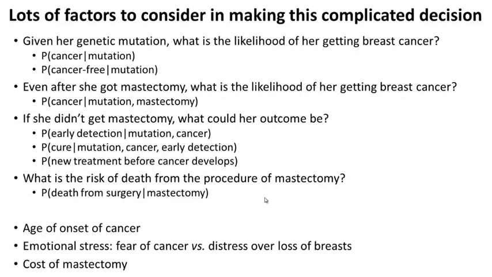Last year, when in my class at Peking University, a young woman said that having her breasts removed would make her feel no longer a woman and that she would rather die. So you see, different people may have very different opinions and preferences. Finally, a factor that is not important for Angelina Jolie but important for many others is the cost of the surgery.